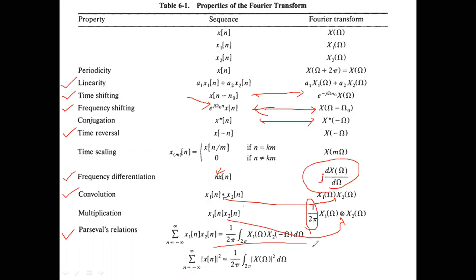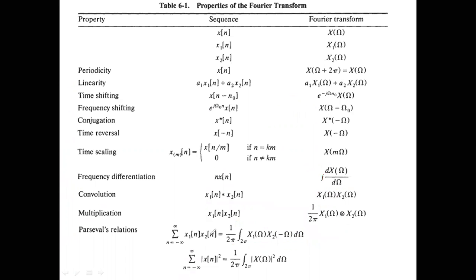It's a statement, but there is a very important thing here: if I simply replace x2 of n with x1 of n only, then you can see this is the expression for the energy. Remember from the first module, energy is the running sum of the squares.